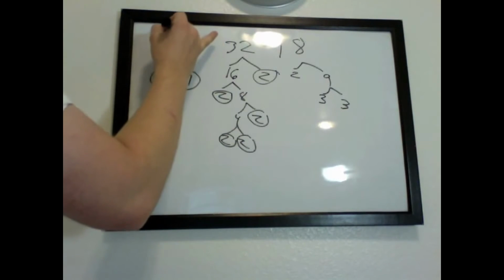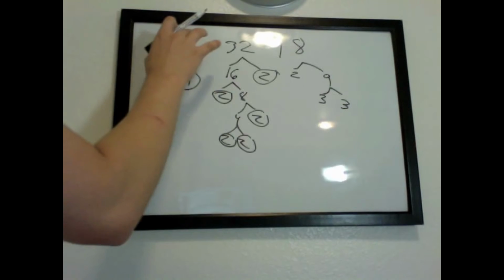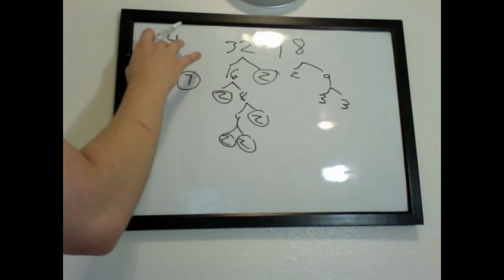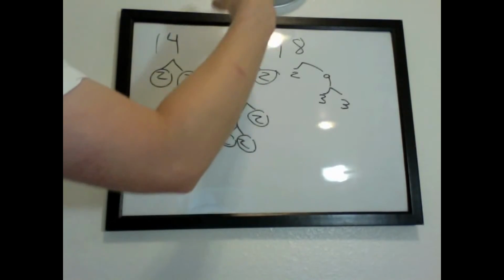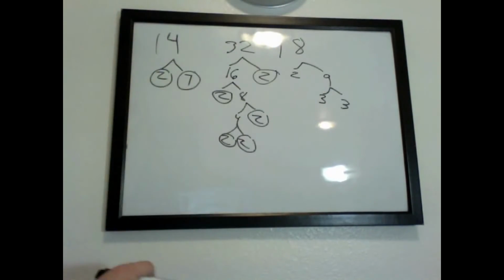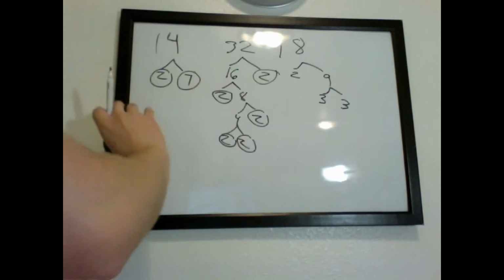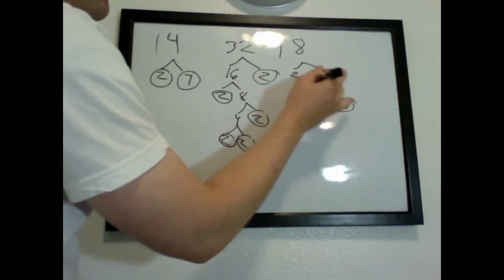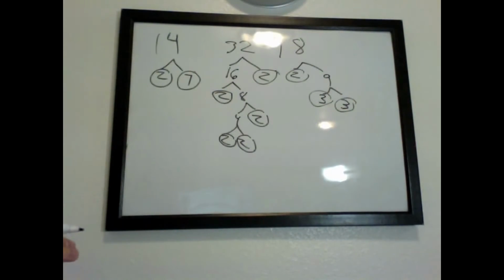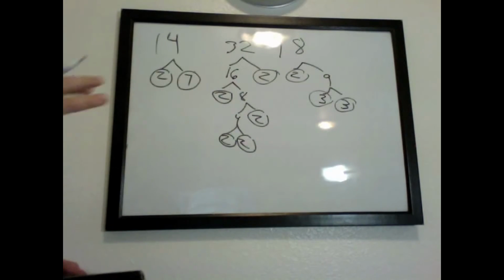If we wrote all the multiples of 14, so you did 14 times 1, 14 times 2, 14 times 3, and so on, we'd have a long list of multiples of 14, a long list of multiples of 32, and a long list of 18. These are all prime numbers. What would the least common multiple be?